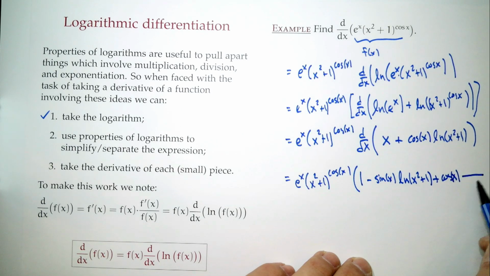Well, x squared plus 1 goes downstairs. What goes upstairs? The 2x, because it's 1 over the inside, so 1 over x squared plus 1, times the derivative of the inside, which is 2x.